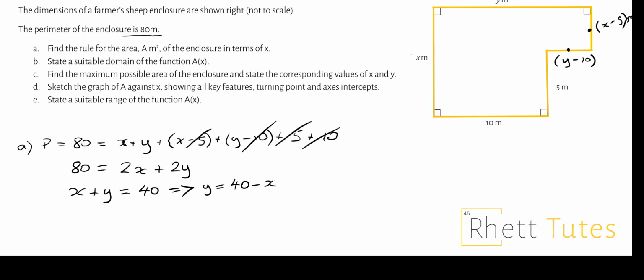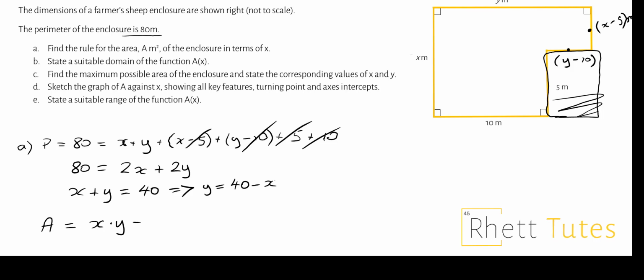Okay, and now for the area. The area is going to equal, imagine I take the full block, which would usually be x times y as a basic rectangle, and I'm going to subtract what you see here, this block. So you essentially want to delete this one.